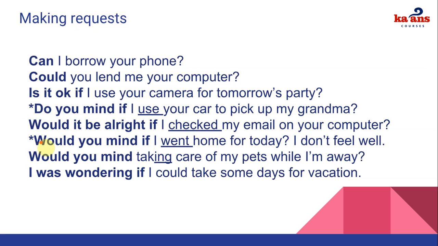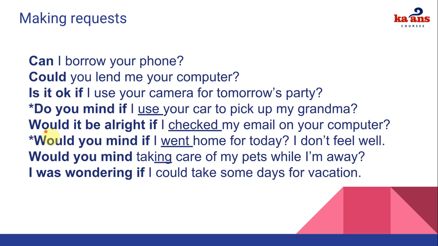Okay, so in this case, the difference is that we have a do, an auxiliary do, and then we have the modal would. That's the first difference. The second one is because we're using a conditional question in this case, we're going to use the verb in the simple past. The same goes with the previous one. Would it be alright if?